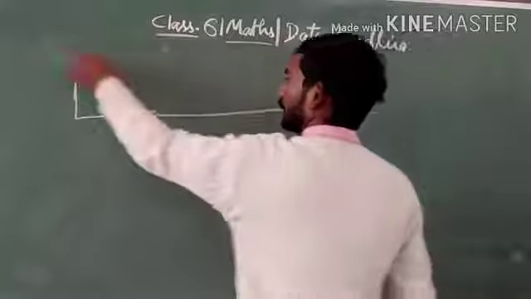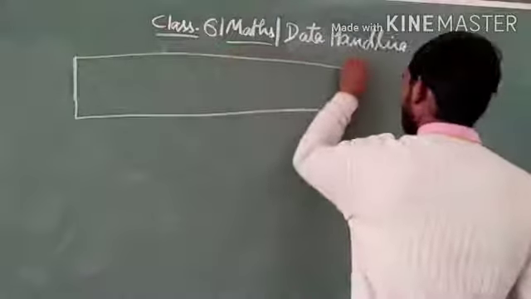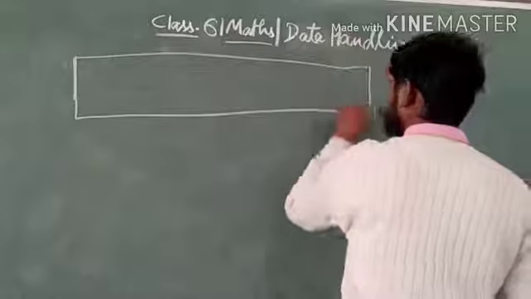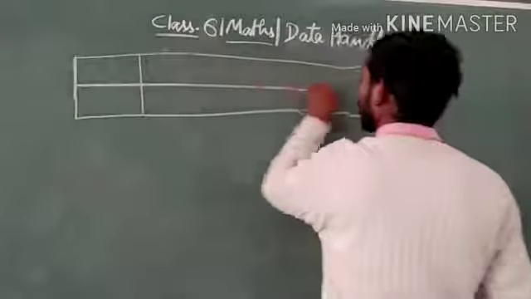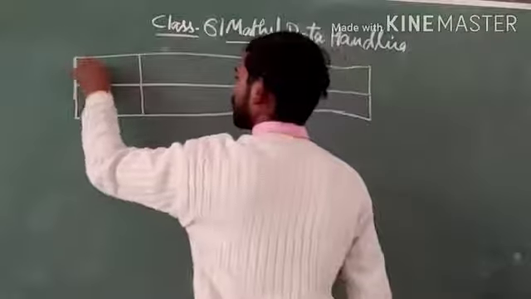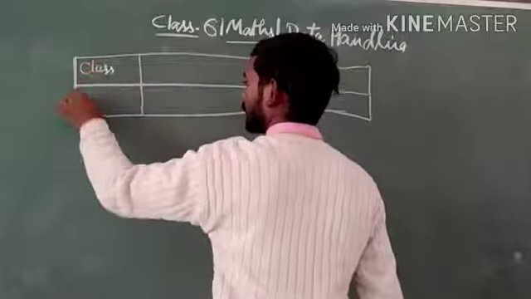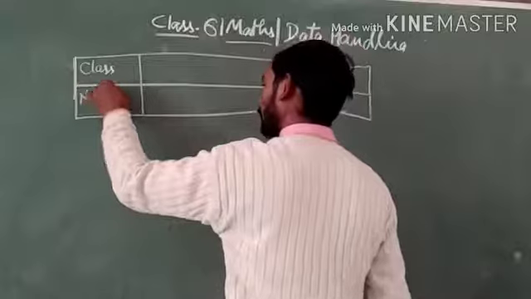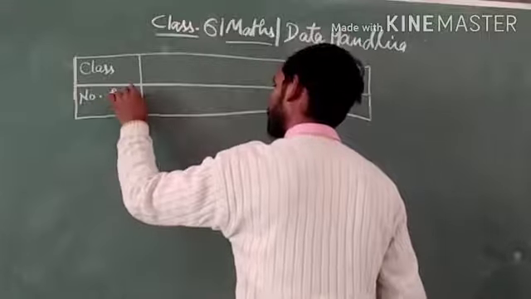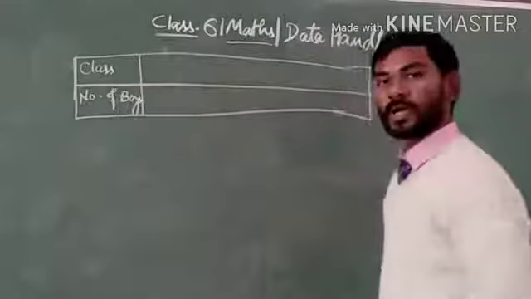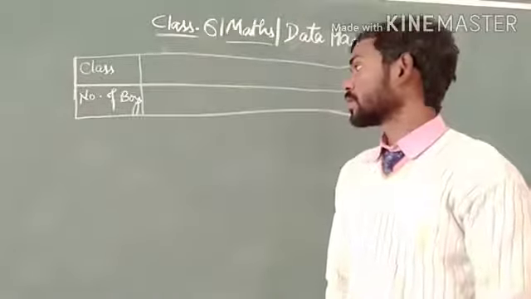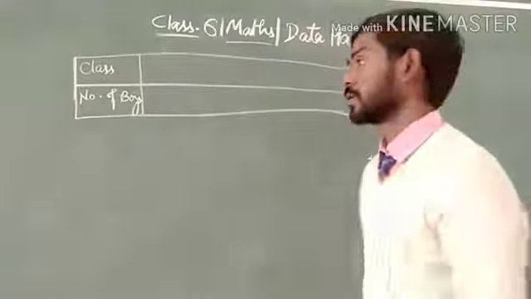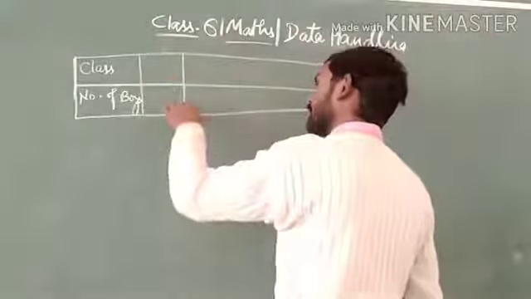In this table some data are given. This is the class and this is the number of boys, not number of students. I'm just telling you the number of boys in the class.